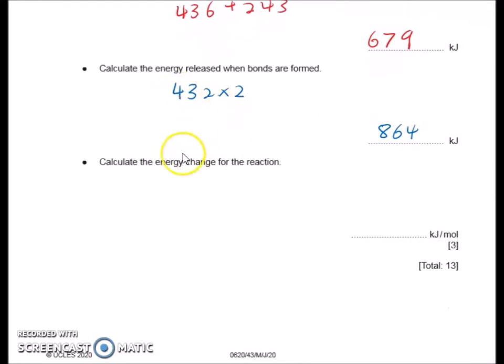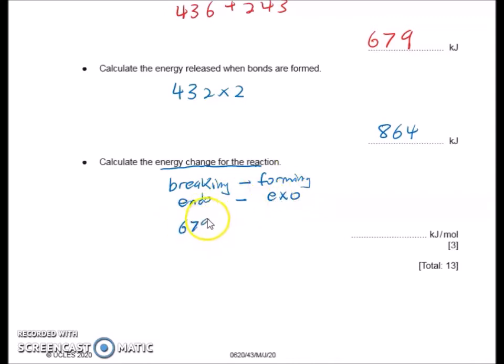They are asking for the energy change for the reaction. So you should be breaking the bond minus forming the bond, or simply endothermic minus exothermic. So here you'll be getting 679 minus 864.